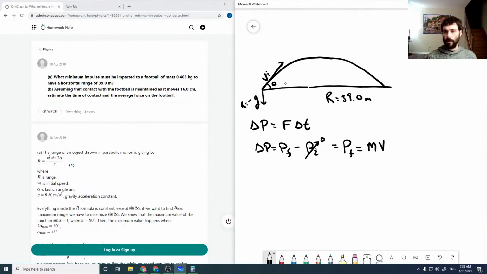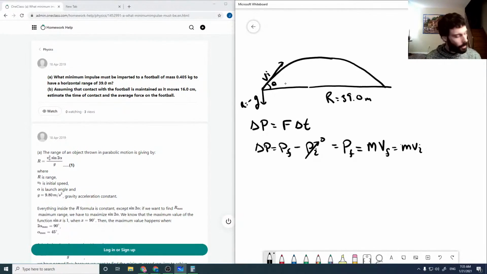Just to make these coincide, our final velocity in this case is actually our initial velocity for our parabolic motion. So I'm just going to call this m vi to make it match up with my figure here, and I'll call it m vi from now on.